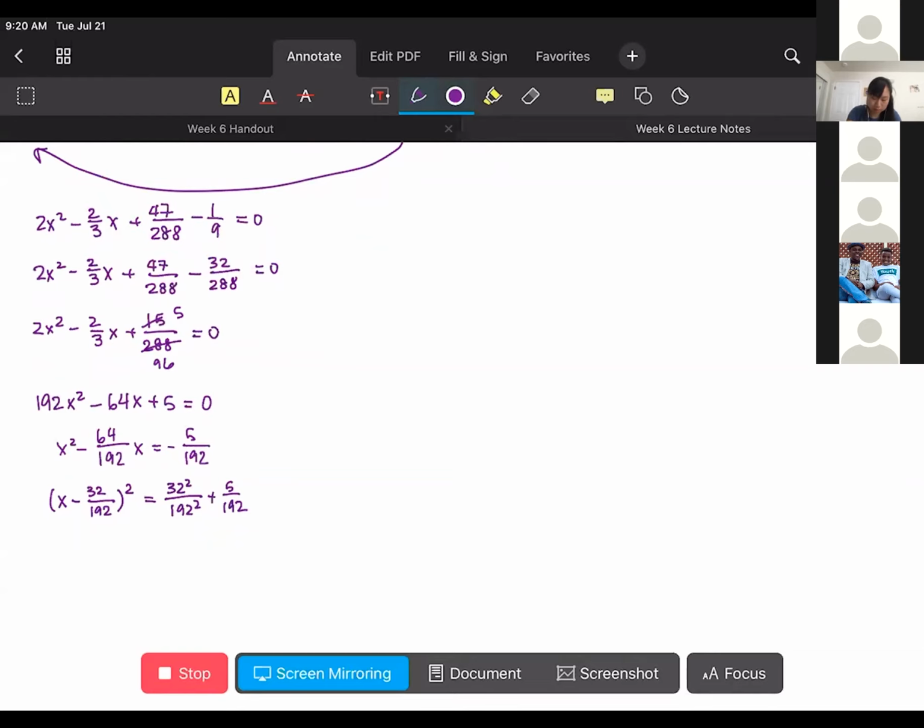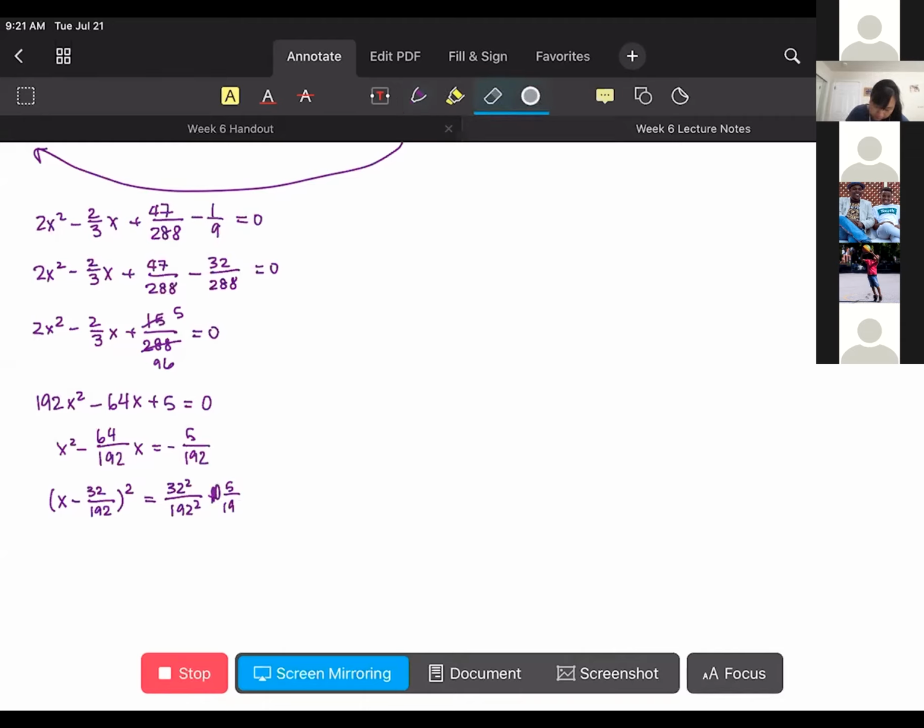All right, so let me just check my math here. Do we do the math correctly? Isn't it supposed to be minus 5 over 192, the last step? Yeah, thanks.